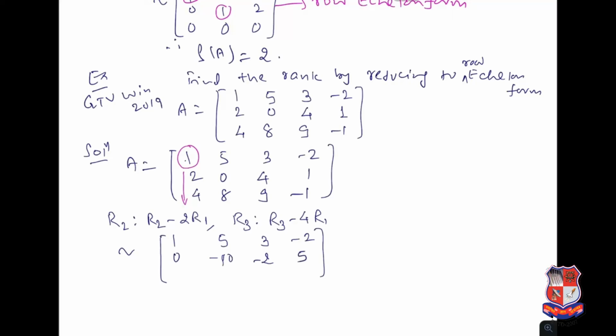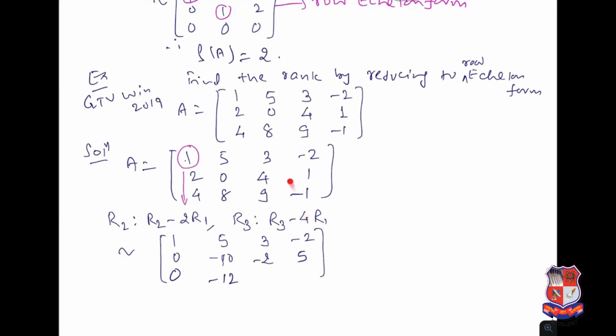Now multiply the first row by minus 4 and add to the third row: that is 0. Then minus 20 plus 8, so minus 12.